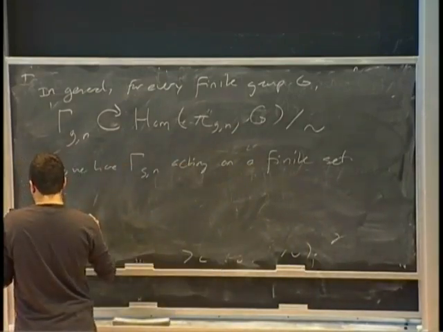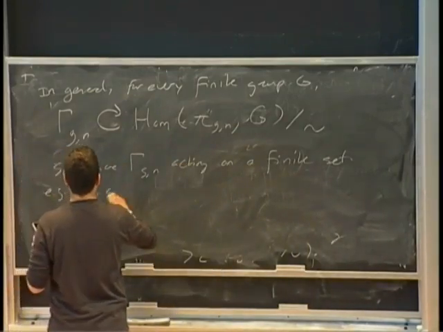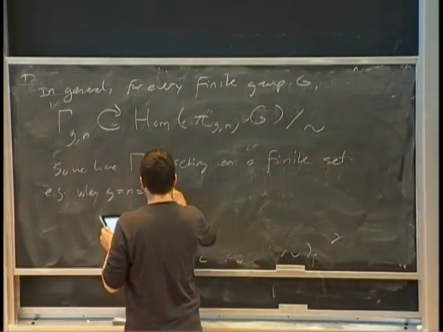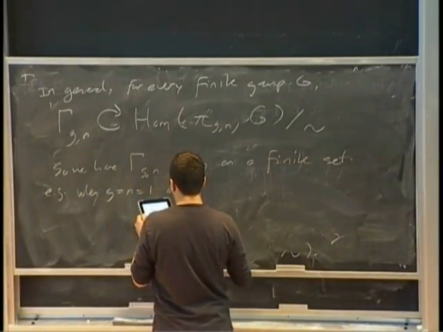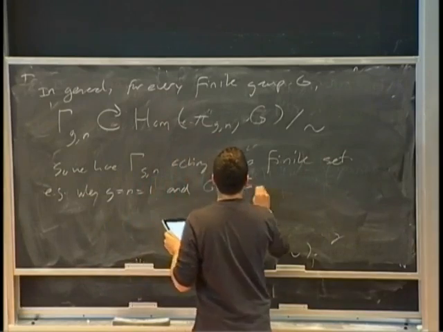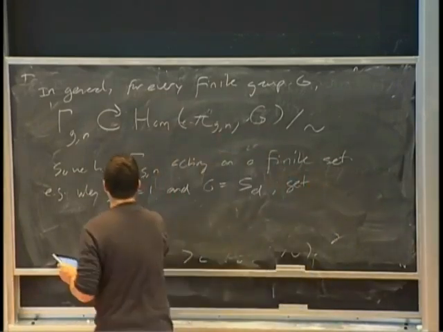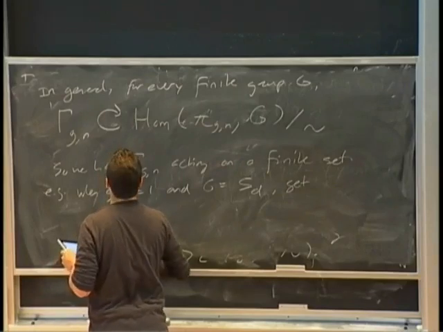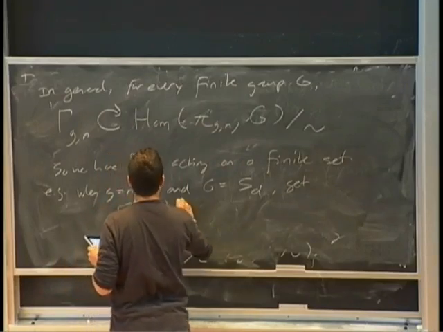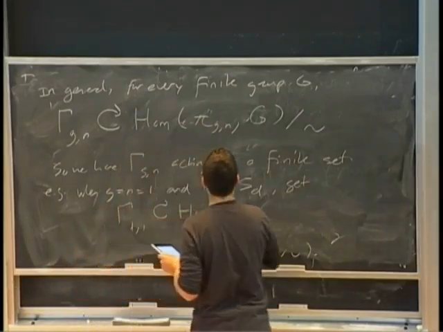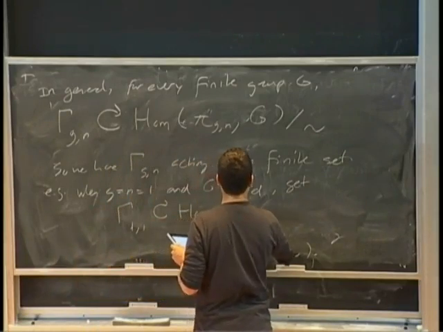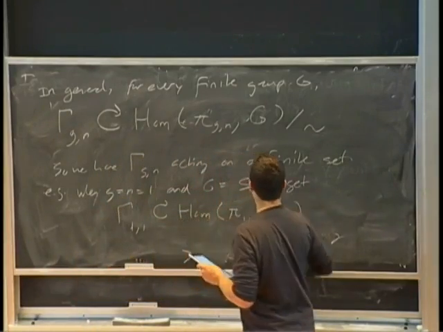For example, when g equals n equals 1, and G is the symmetric group on d letters, we get an action of gamma of 1,1 on the homomorphisms from pi 1,1 to S_d.